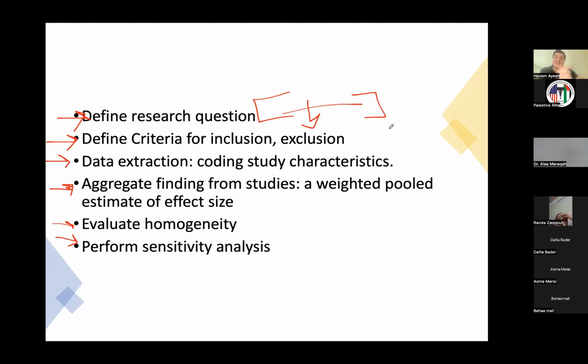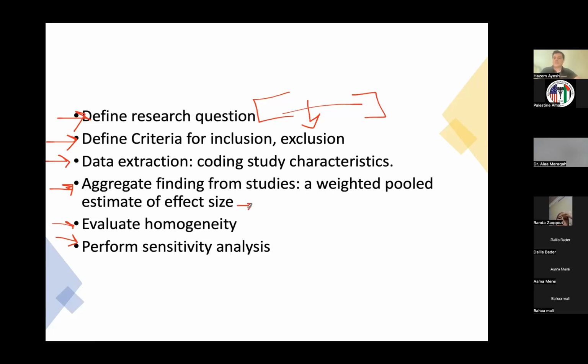Then you start the data extraction process. And here it's important, the skills that you know about the relative risk, the odds ratio, the study population, how you can collect this data from every single study and make it in a simple, nice table, so you can use it for your analysis. And my colleagues also will guide you through the process with an example.